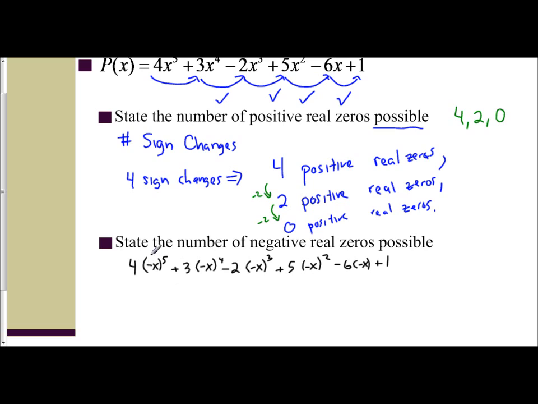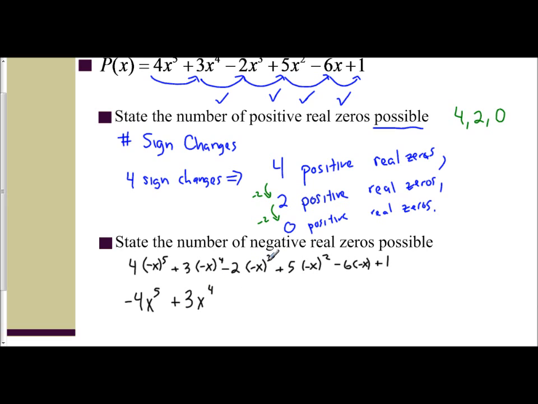A negative to an odd power is always going to be negative. And so I have here a positive 4 times a negative is a negative 4x to the fifth. A negative to an even is always going to be positive. So positive 3 and a positive is a positive 3x to the fourth.